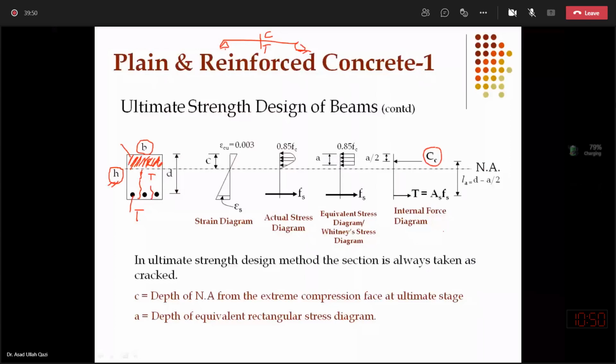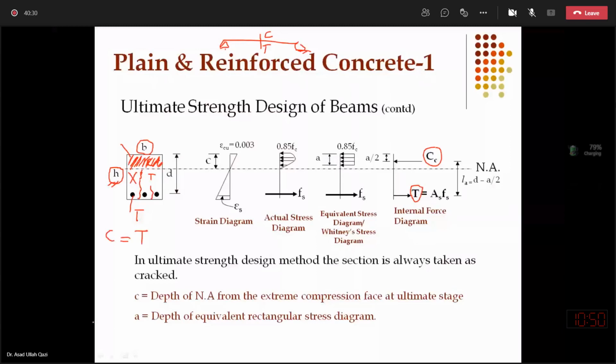And since we are going to ignore the concrete contribution below the neutral axis, all the tension is developed by the steel. So the stress in the steel bars multiplied by the area will give me the tensile force. And since equilibrium is established, the beam has not failed at that section, so C is equal to T. This is what we are actually trying to get finally.